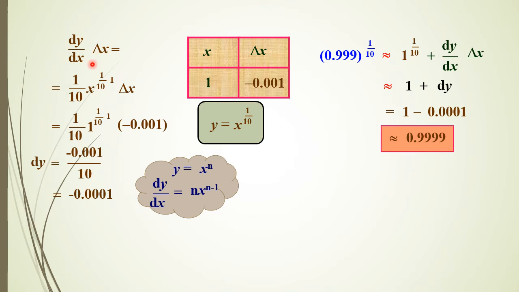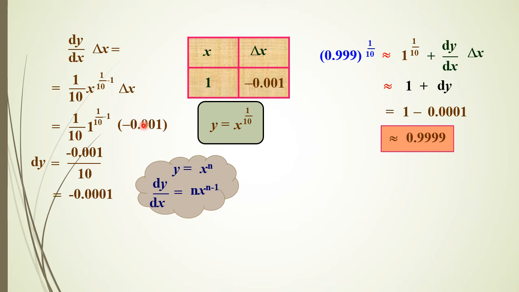Next, we know very well the differentiation of y equal to x to the power 1 by 10. It can be written as 1 by 10 into x to the power 1 by 10 minus 1, using the formula n x to the power n minus 1. Then delta x is written as it is. So 1 by 10 as it is, then 1 to the power any number is 1 only, then delta x is considered as minus 0.001.